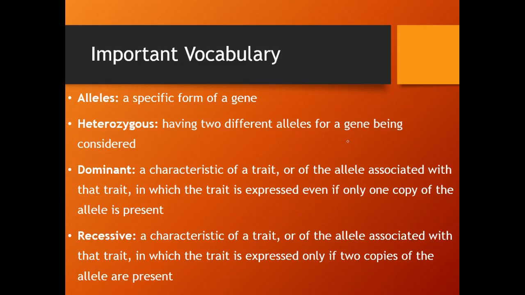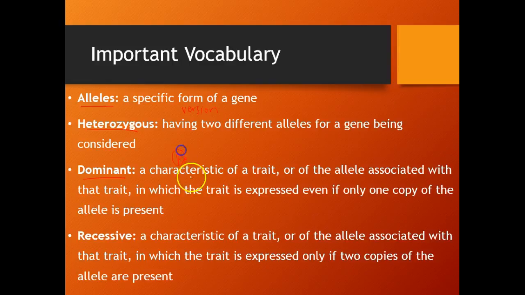So here's some important vocabulary. We have alleles, a concept we've gone over already, which is a specific form or version of a gene. We have heterozygous, which means that you have 2 different alleles for a gene. We have dominant, which means that an allele is expressed even if it only has 1 copy. Remember, it's just like having that big P, little p.